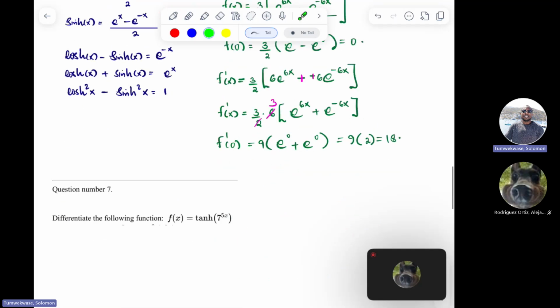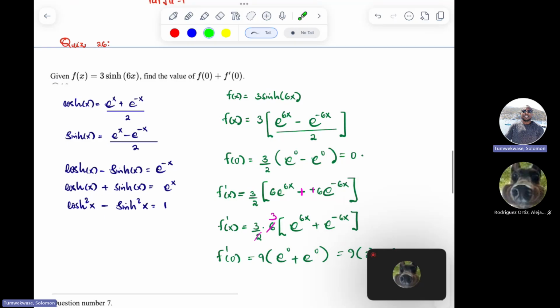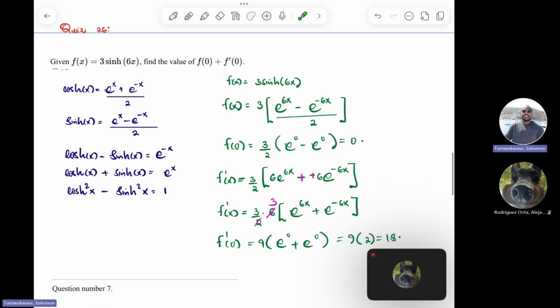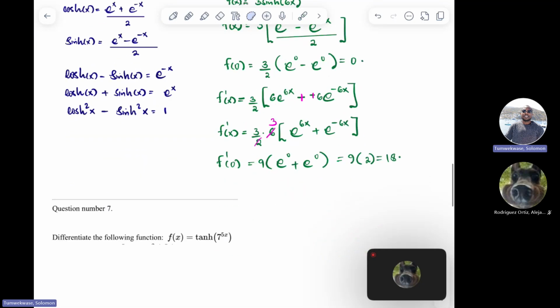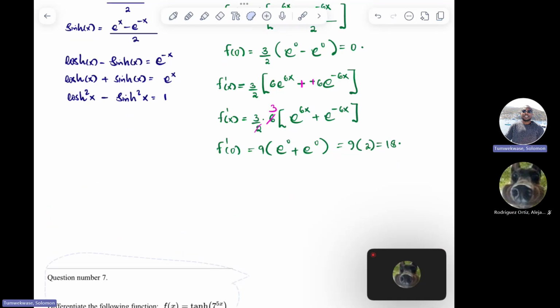Now, that is when I choose to change the function to exponentials right away. The other thing I can do is use the known derivative of sine hyperbolic.